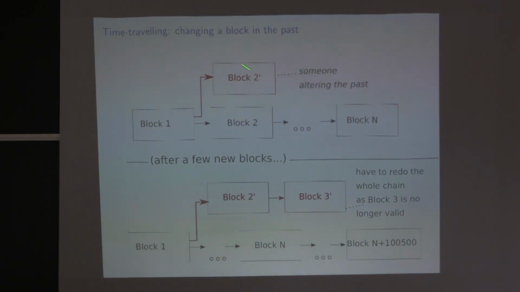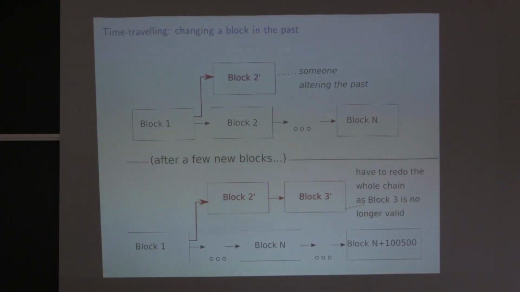But the problem is that block 2 prime now contains completely different bits. And so block 3 here will not be valid given block 2 prime. This is this function verify I talked about, that the validity of a block depends on the previous one. And so Carol will have to concoct a full alternative history of events which happened after she transferred money to Bob. She will have to create a new block 3.